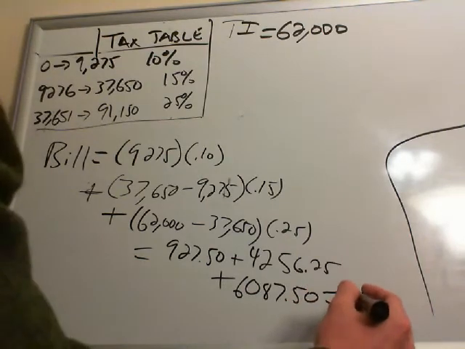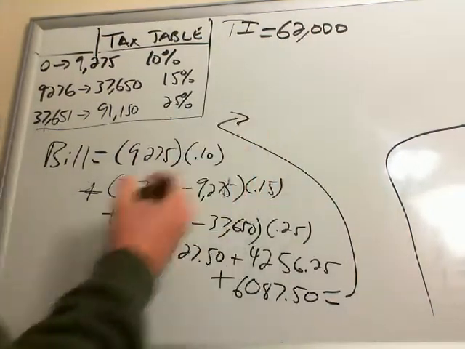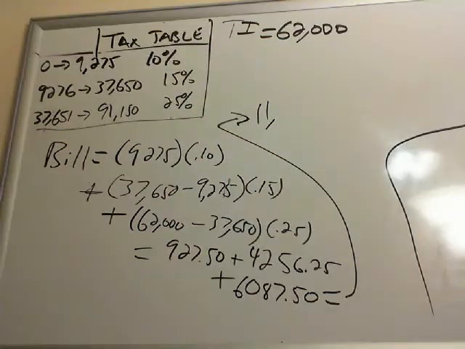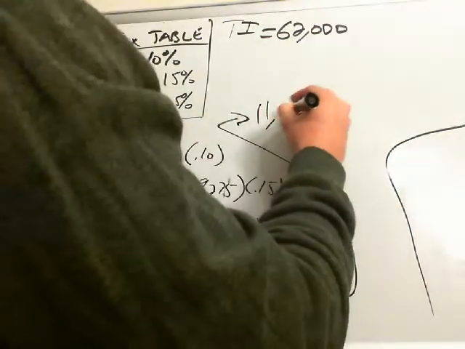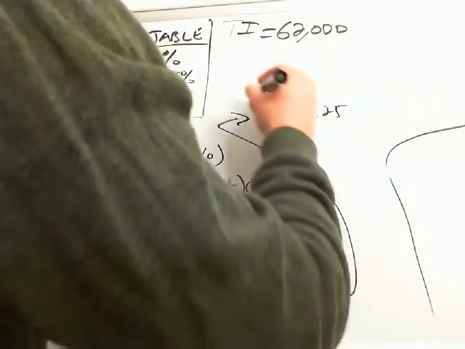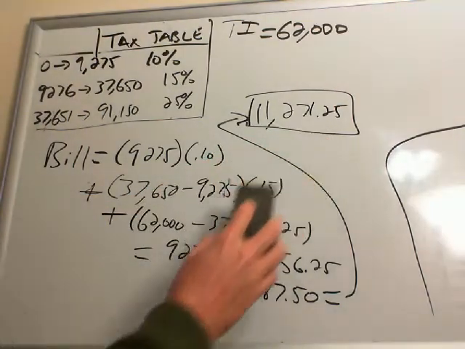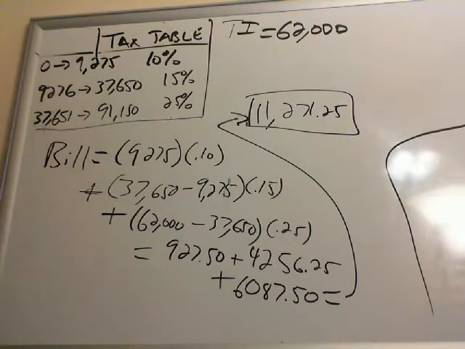So this gives us a total tax bill of $11,271.25. Right, that's how much out of our taxable income we would owe the government. So I'm going to keep that here and show something.